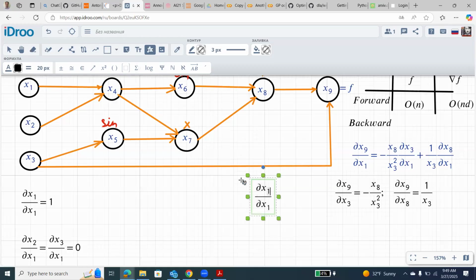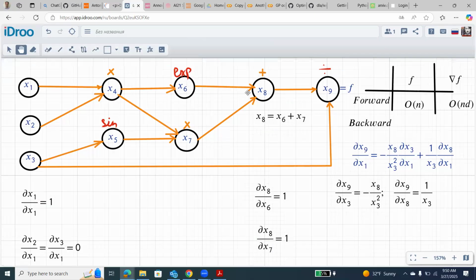So x8 with respect to x6 will be 1, because x8 is addition, x6 plus x7. And the derivative of x8 with respect to x7 will also be 1, because x8 was just the sum of x6 plus x7.